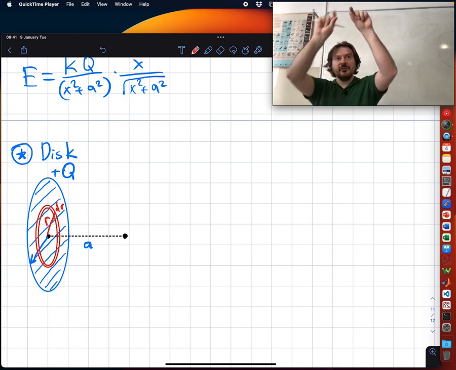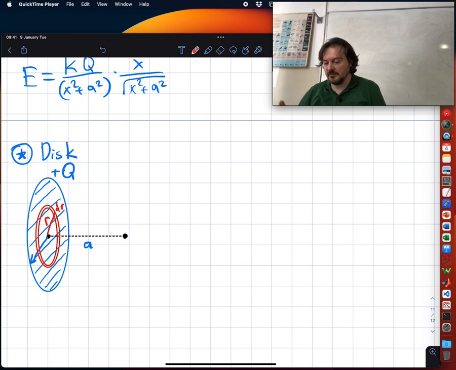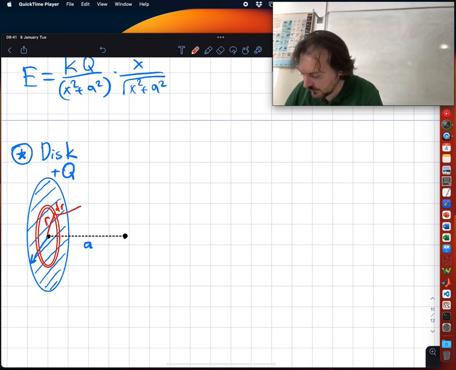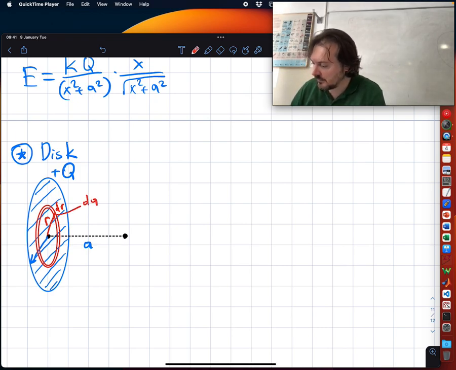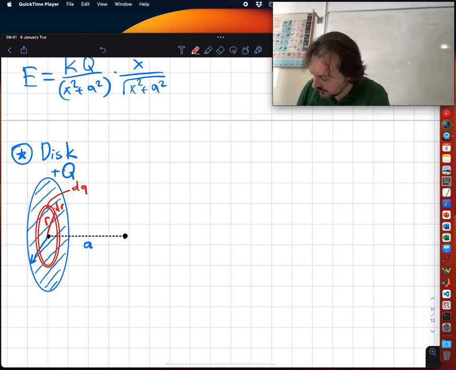In that tiny ring, every dq is still the same distance. So let me plot a dq over here, and this distance is the square root of r squared plus a squared.